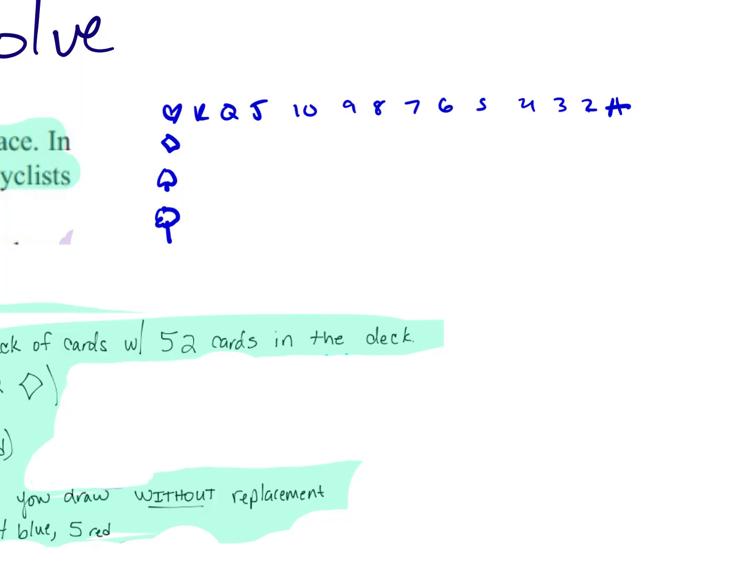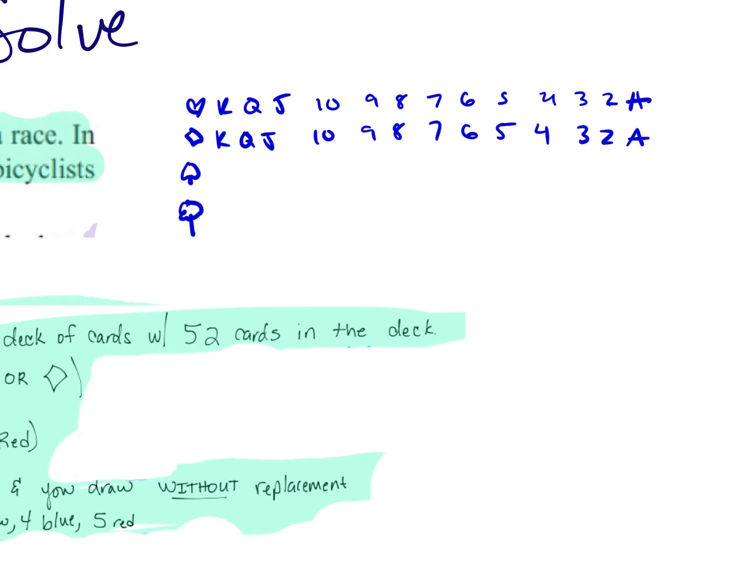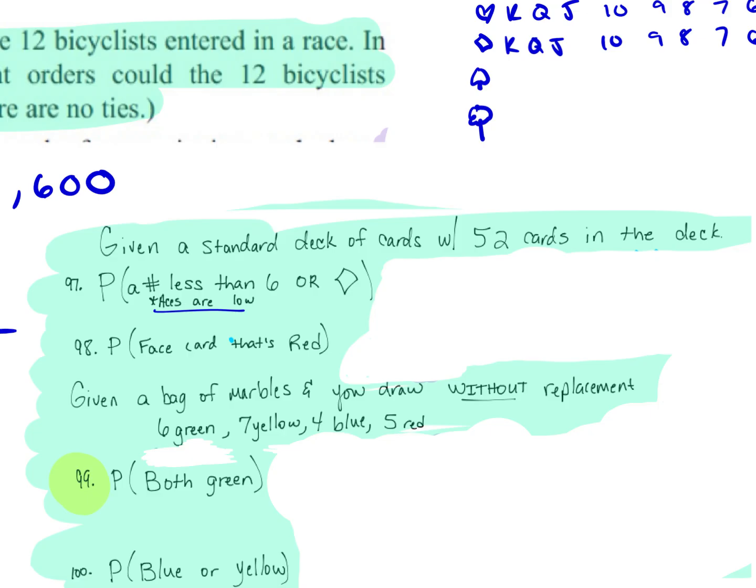So if you want to write it out for each one, you can. On Notability right now, you could just copy and paste. But we know that they're all going to have these same king, queen, jack, 10, 9, 8, 7, 6, 5, 4, 3, 2, ace. So looking at 97, it says, what's the probability that we pick a number less than 6 or a diamond?